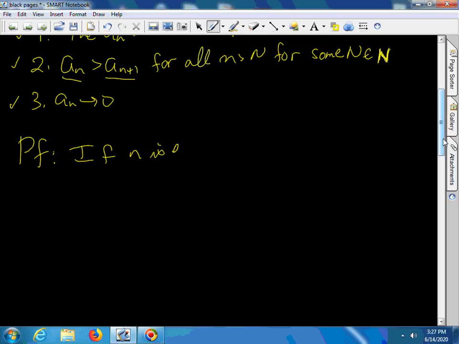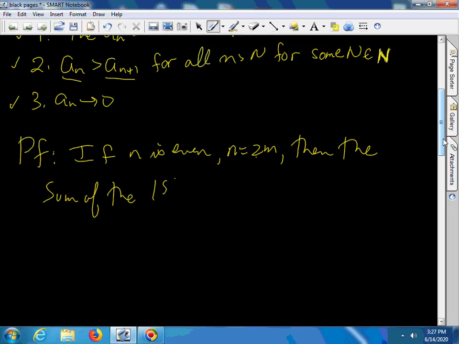If n is even, let's just define n a little bit better. n is equal to 2m, then the sum of the first n terms, we'll call it s sub 2m, the sum of the first n terms.